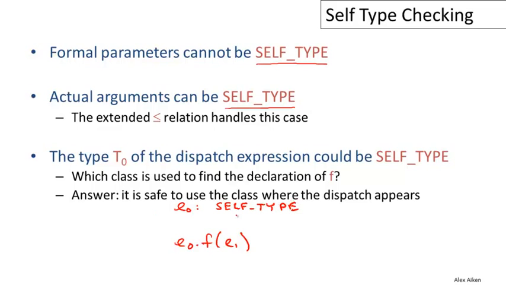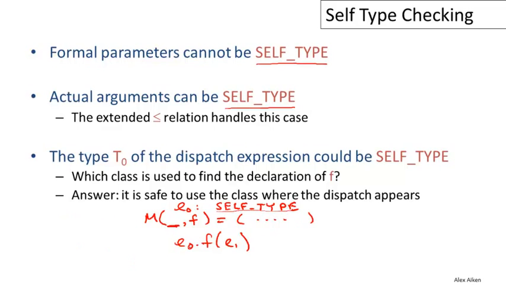The problem here is that we need to look up in the M environment, in the method environment, in some class, the signature of method f. We have to get back that type signature so that we can do the rest of the type checking. And if E0 has type self-type, normally we use the type of E0 to do that lookup. What type do we use here?